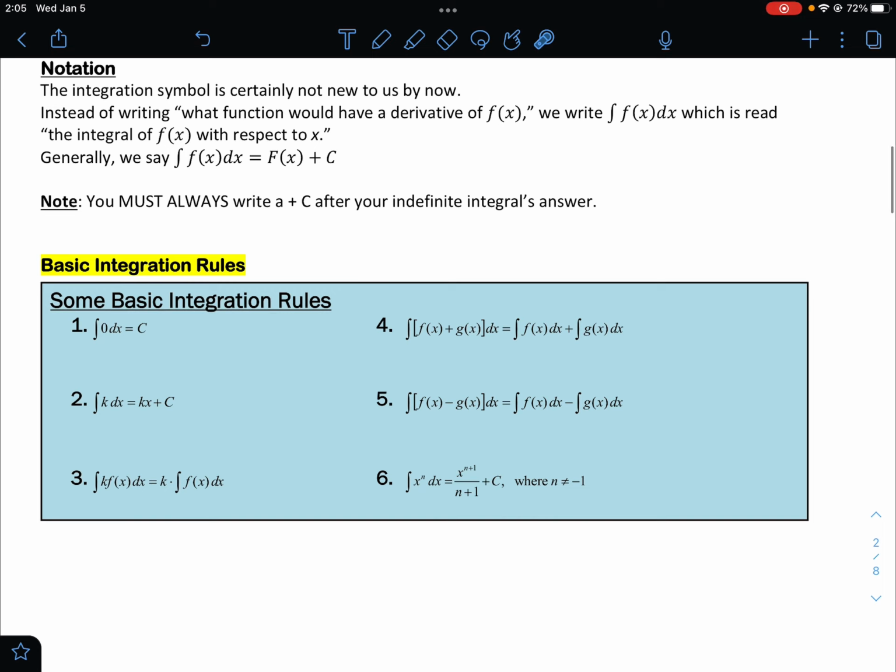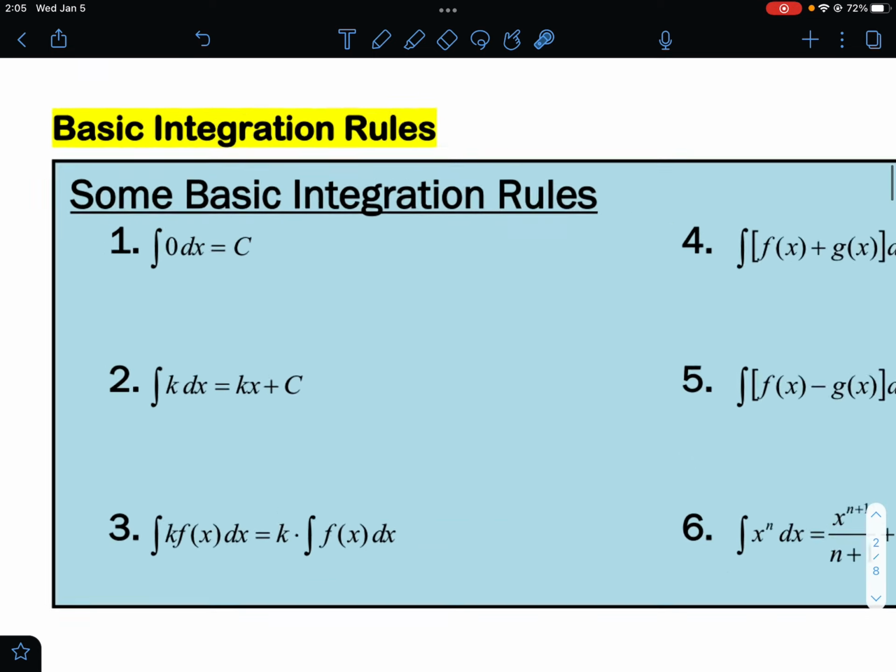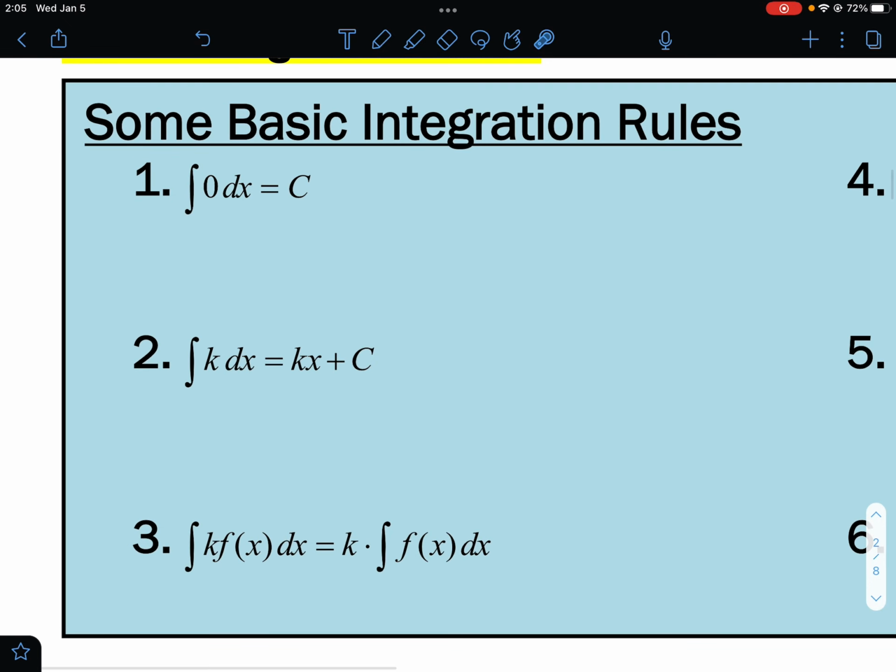So let's jump right into some basic integration rules. Now remember, integrals are just the opposite of derivatives, right? So the antiderivative or the integral of 0 is just going to be some constant, because the derivative of some constant is 0.